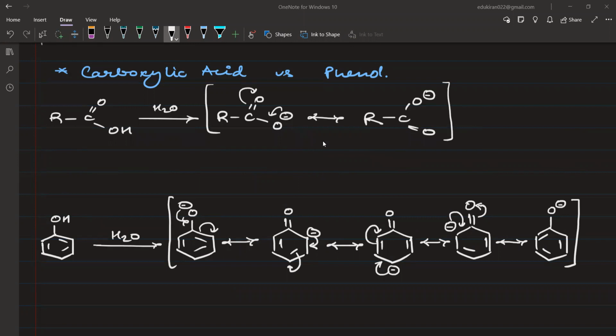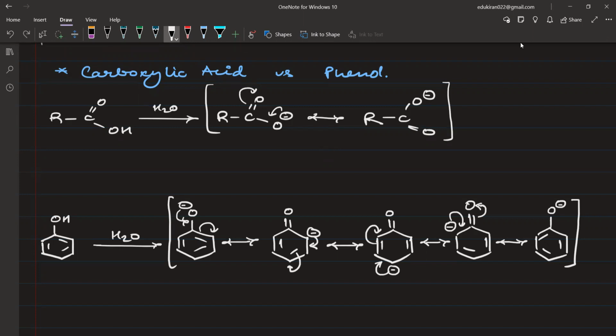So on the basis of the number of resonating structures, which will be more stable, phenoxide or carboxylate? Phenoxide ion. But still, carboxylic acid has acid in its name, phenol does not have acid in its name.